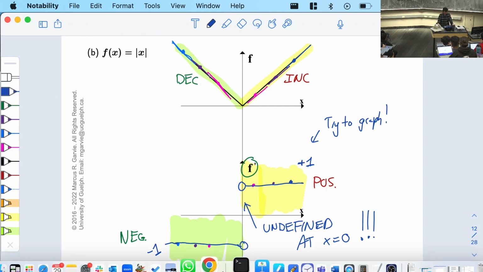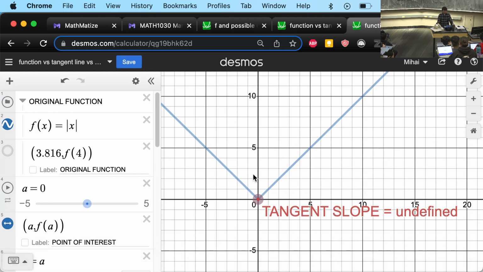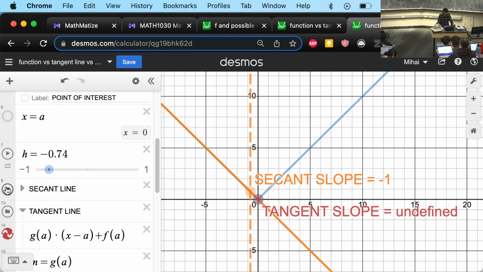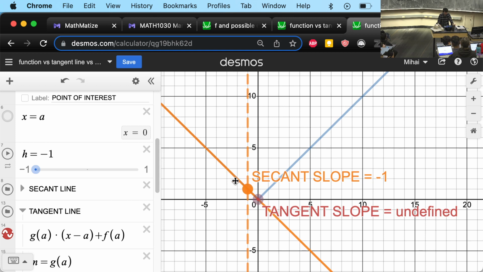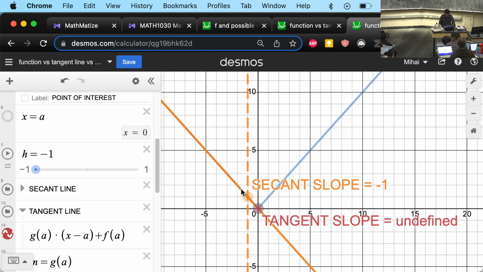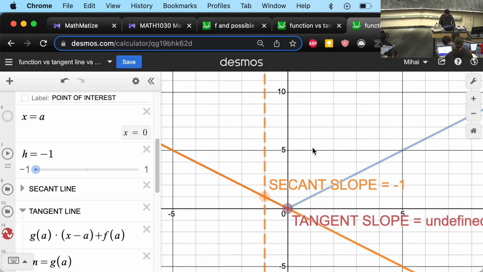And why is it not defined? First of all, make sure you understand that it's not defined. But the reason is that if you do this whole game with the secant line, you do not get an answer. Let me zoom in. Okay, so here's the secant line. And here, the slope of the secant line is -1. Here it's -1.